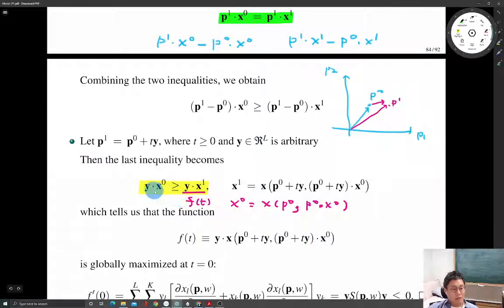Now what is the left-hand side? Because x0 is the chosen bundle by this function x under this configuration, but that configuration is equivalent to the case when t is equal to 0. So you can easily verify that this quantity amounts to f of 0.